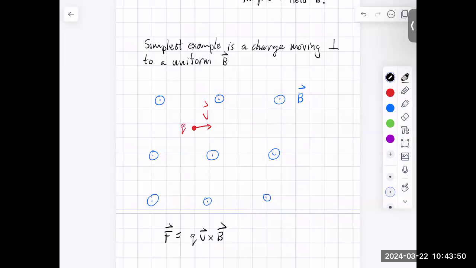So V cross B. B is to the right, and then B is pointing out of the screen. And so my thumb points down and the force is down. So at this moment, the force is downwards.